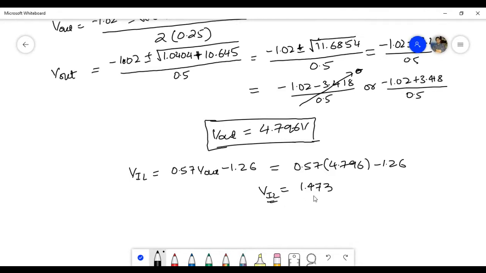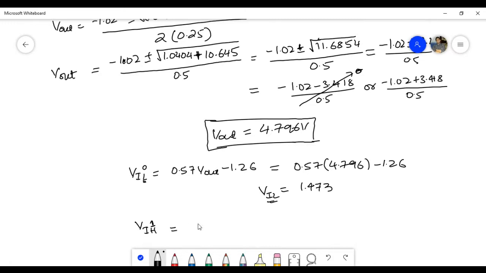So here we calculated VIL. Now, this is only the first part. The same way we have to do the VIH. This is for the low, the zero logic. This is for the logic one.